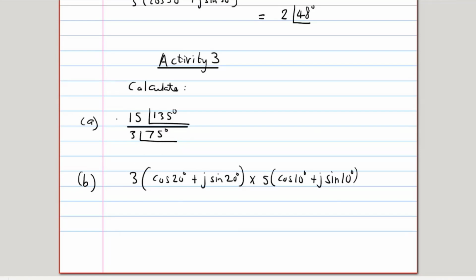And then we have to divide that by, please just double check whether I wrote things down correctly, 2 (cos 30 plus j sine 30).